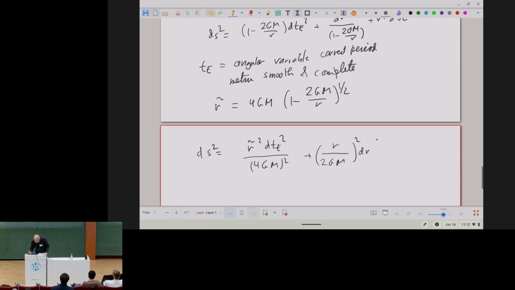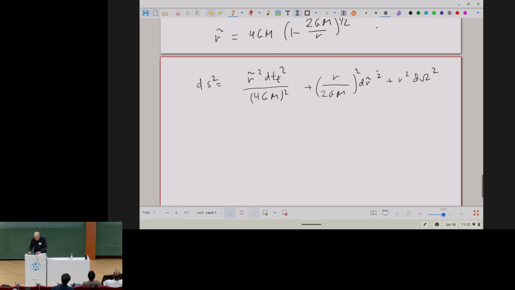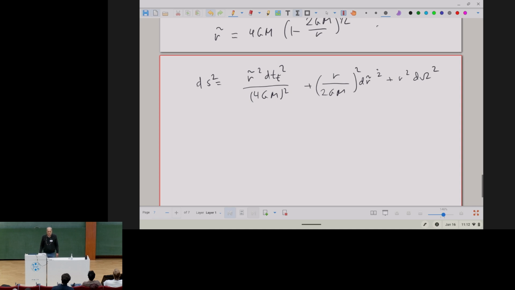Okay, we find this form for the metric. Now let's look at the behavior near r equals 2GM. The reason I made this change of variables is that it puts the metric in a form where it's very easy to take the limit r goes to 2GM. Here we just replace r squared by 2GM squared. And here we replace r over 2GM by 1.